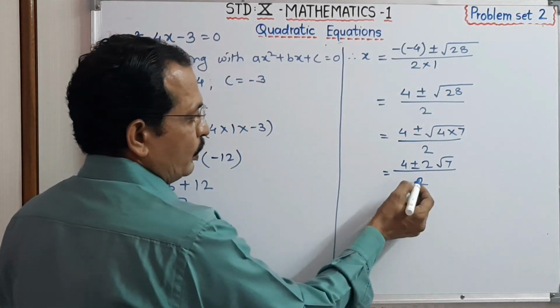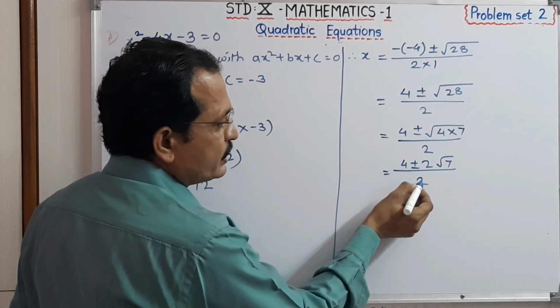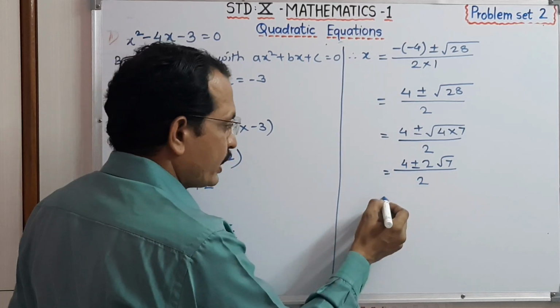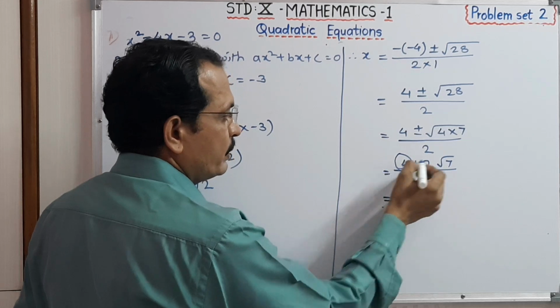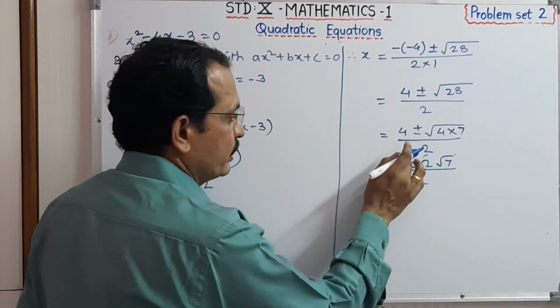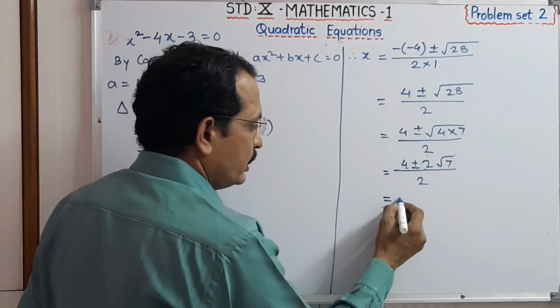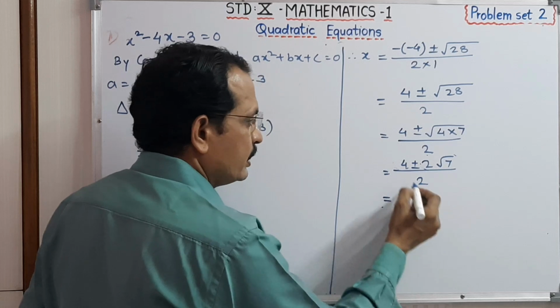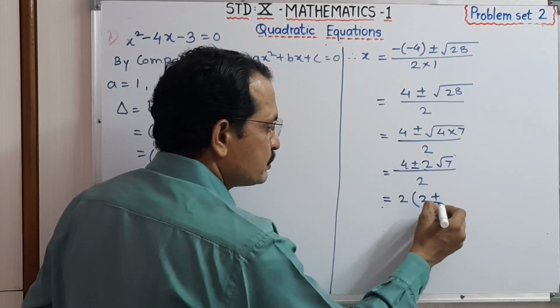Again we have to simplify. For that purpose we can't simplify this 2 with this 4. For that purpose, see, this is the one term and this is the another term. From that we can take out the common. Now tell me what is the common in both the term? It is 2, and here it is. From this 4 we take out 2 common, therefore 2 plus minus.